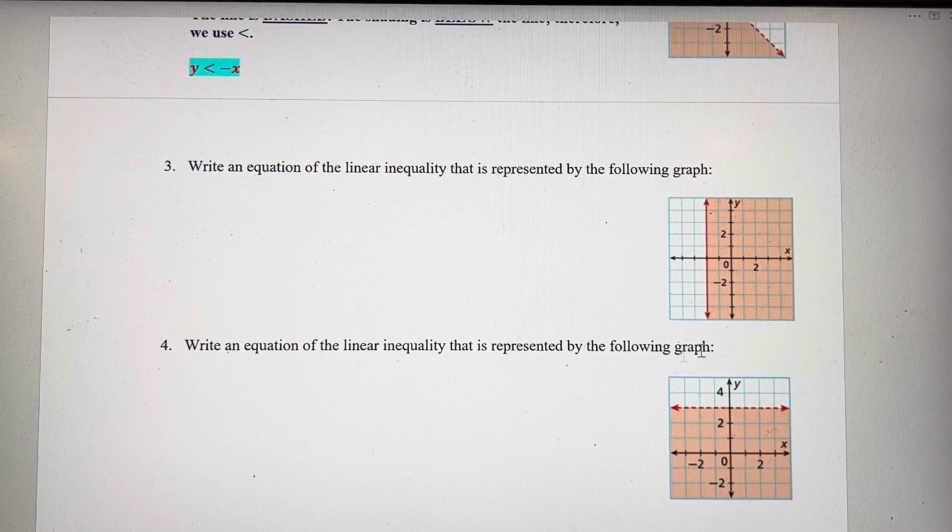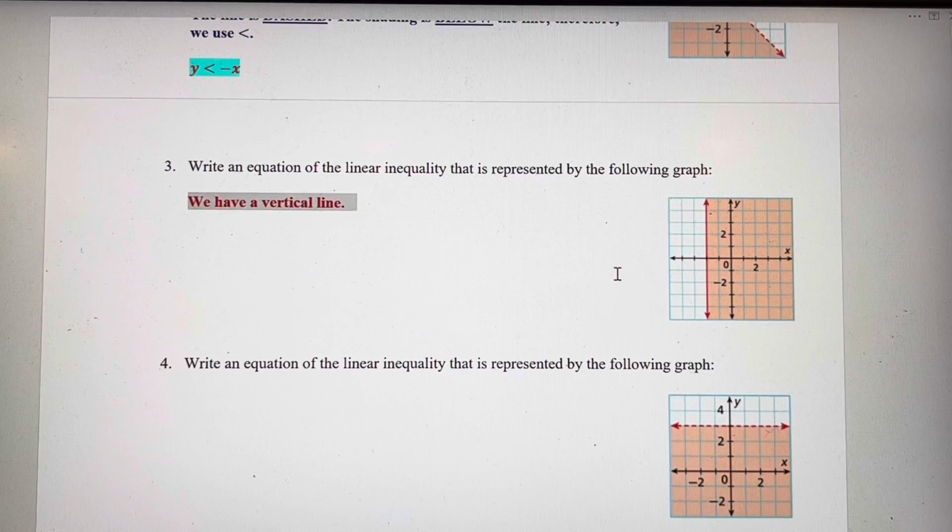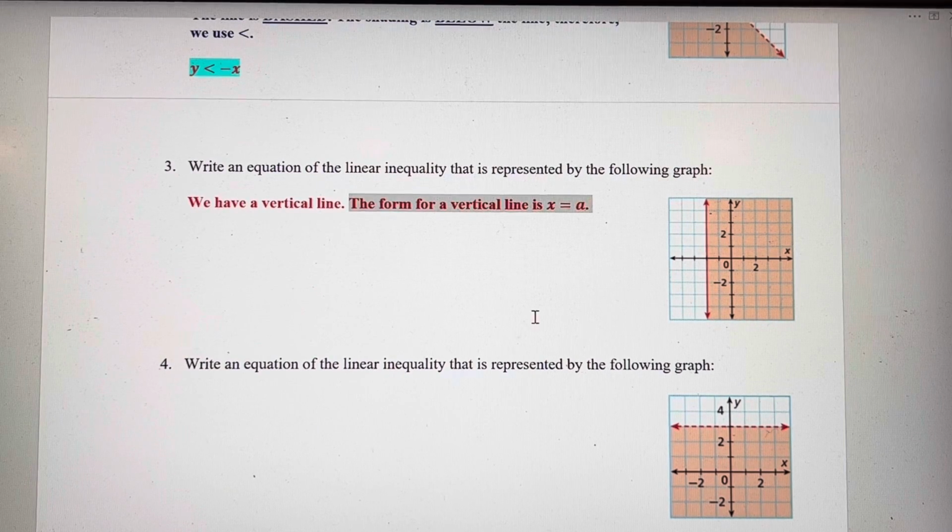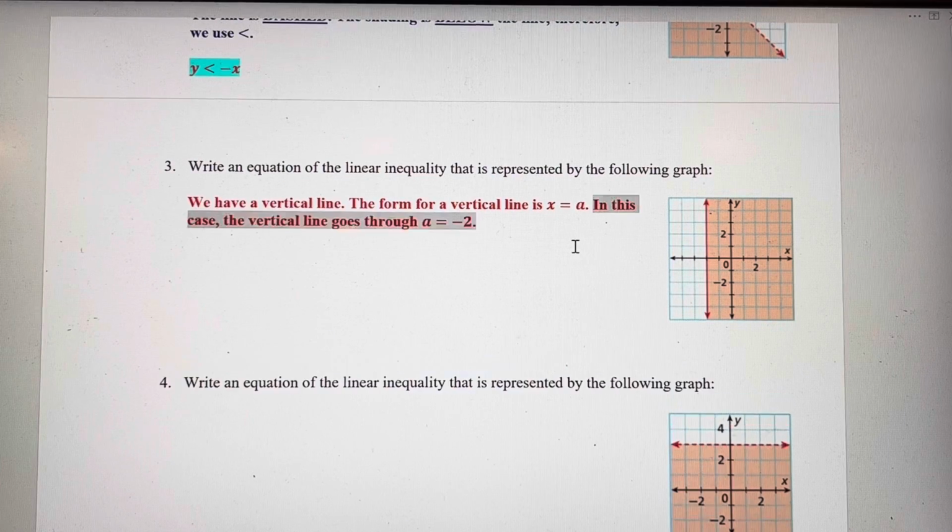All right, so for number 3, notice we have a vertical line. Okay, it's important to remember that vertical lines always have the form x equals some number a, okay? And in this case, the line goes through x equals -2. All right, so here we're going to have a equal to -2, okay?